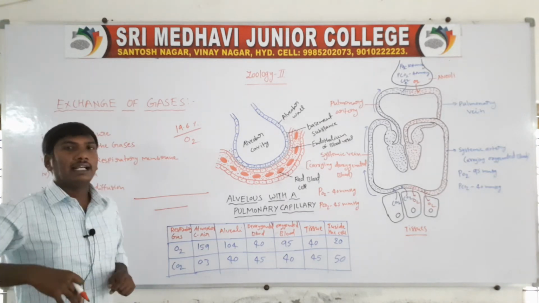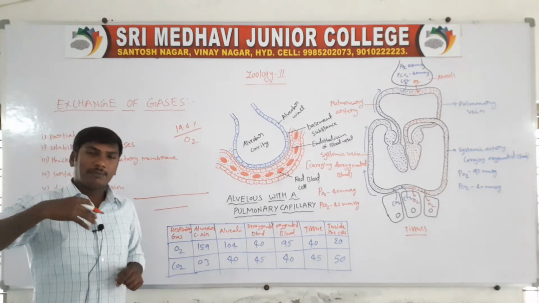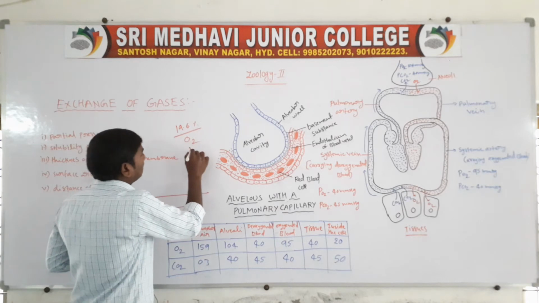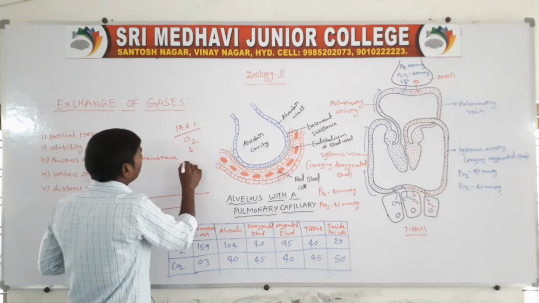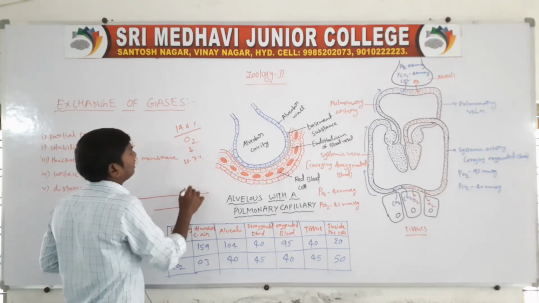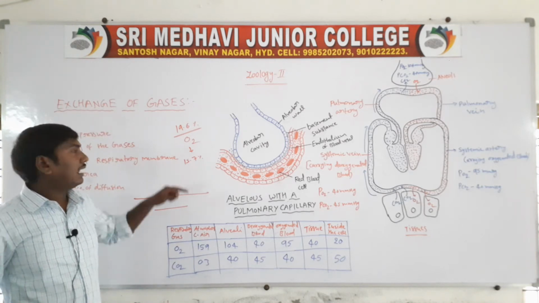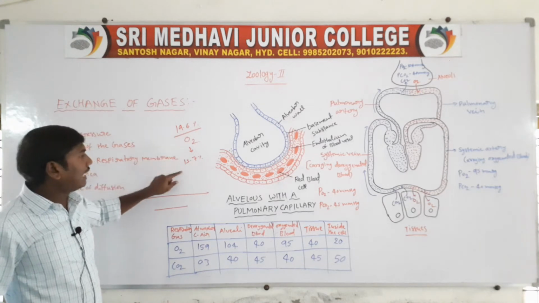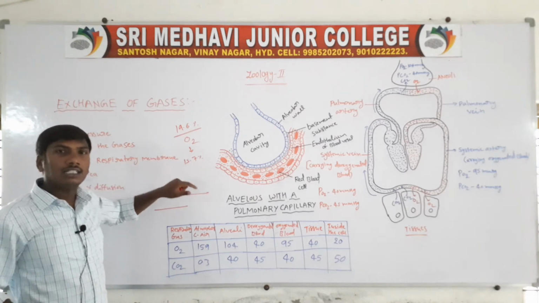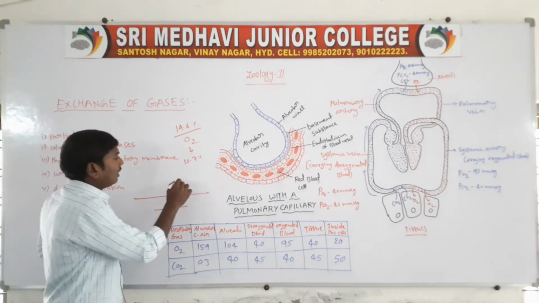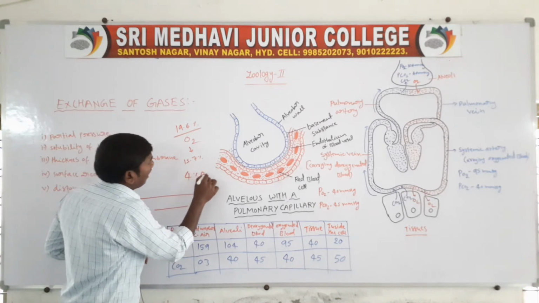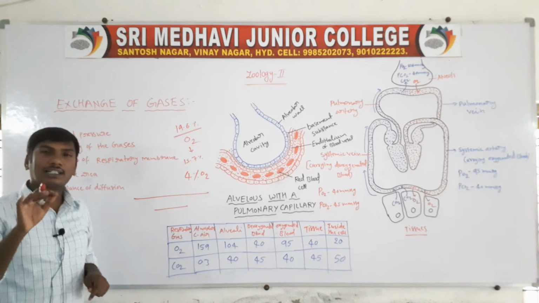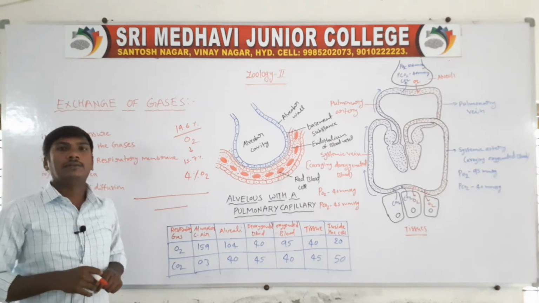The exhaled air means the gases released from our body to the outside. In that air, the O2 percentage is 15.7 percent. Approximately 4 percent of oxygen enters into the blood.